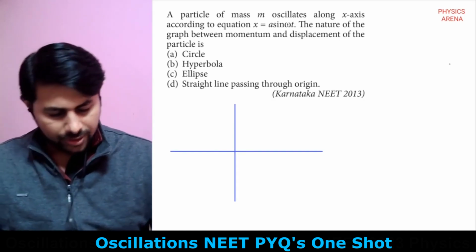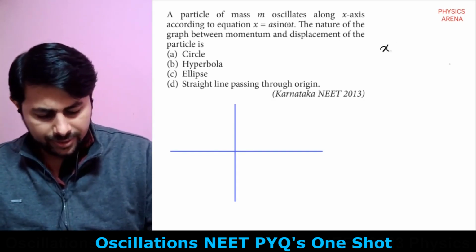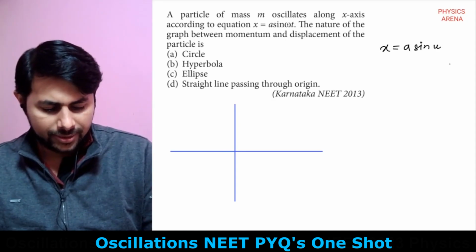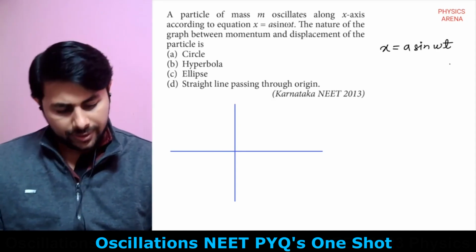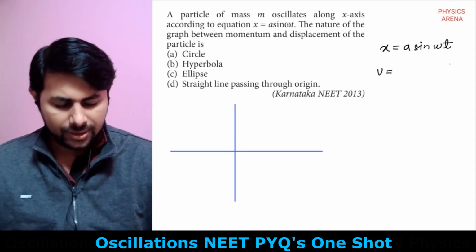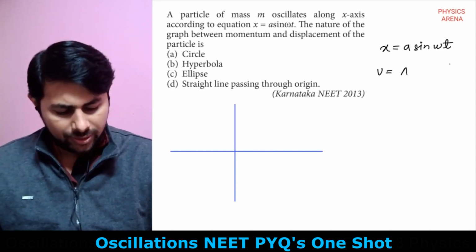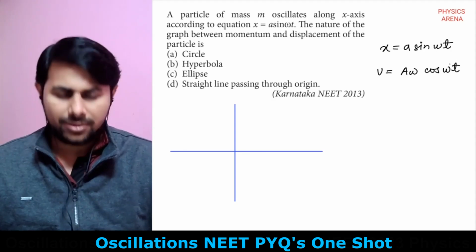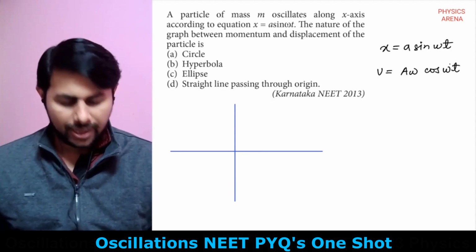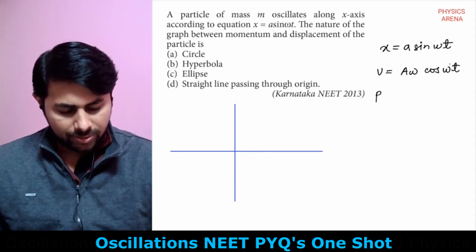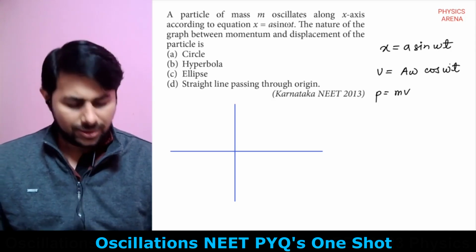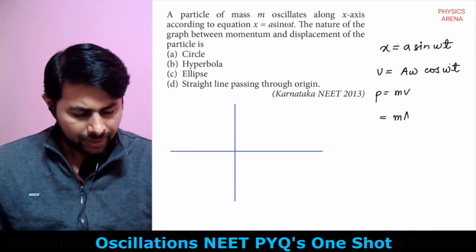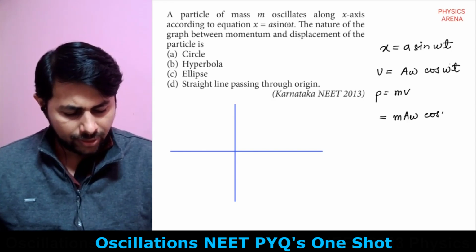Okay, so x is a sine omega t, right? What will be velocity? It is equal to a omega multiplied by cos of omega t. Okay, and you want momentum. Momentum is mass into velocity, so it is m a omega cos of omega t.